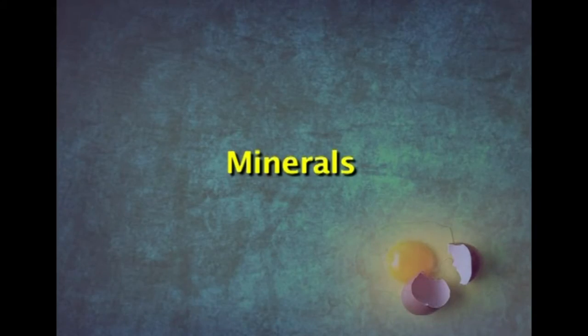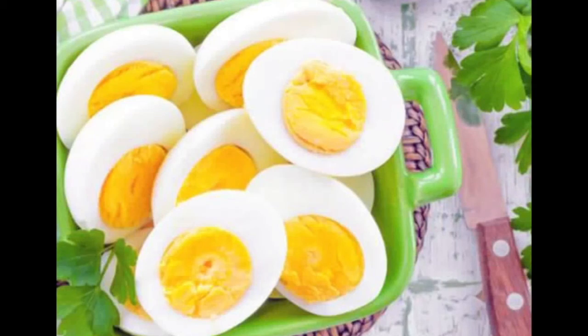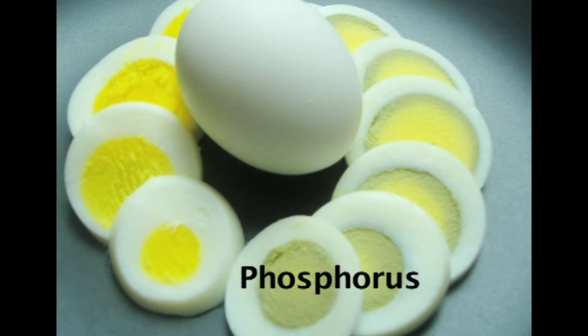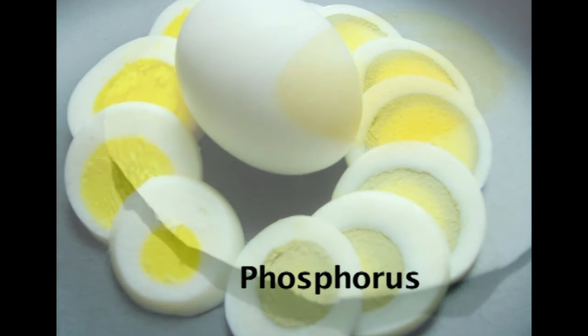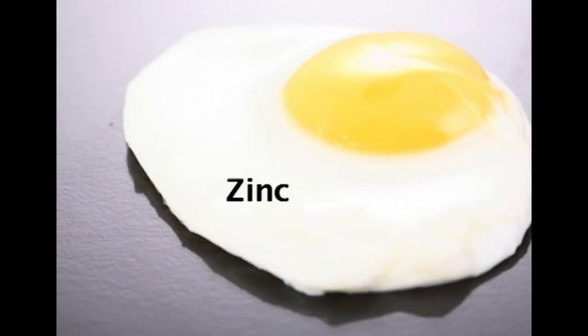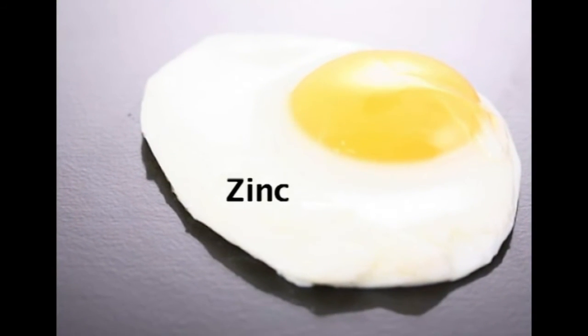Now, minerals. Eggs contain most of the minerals that the human body requires for health. In particular, eggs are an excellent source of iodine, required to make the thyroid hormone, and phosphorus, which is required for bone health, along with calcium. The egg provides significant amounts of zinc, important for wound healing, growth and fighting infection, and also it provides selenium, an important antioxidant, and calcium, which is needed for bone growth and nervous functions also.